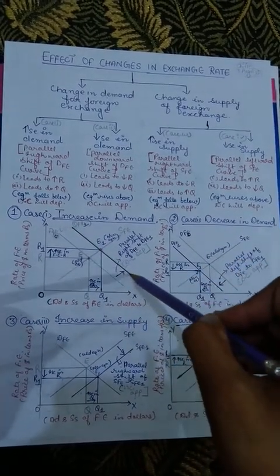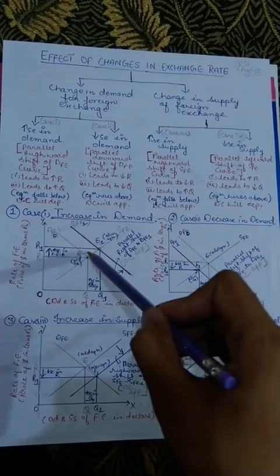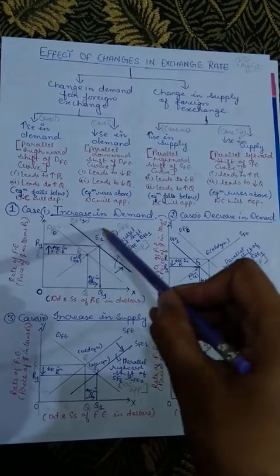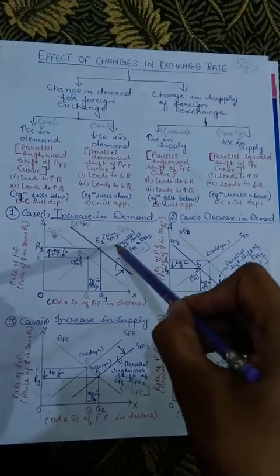Now you are seeing 2 different things. E is your old equilibrium and E1 is your new equilibrium.